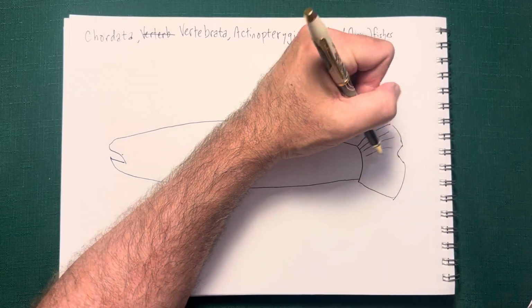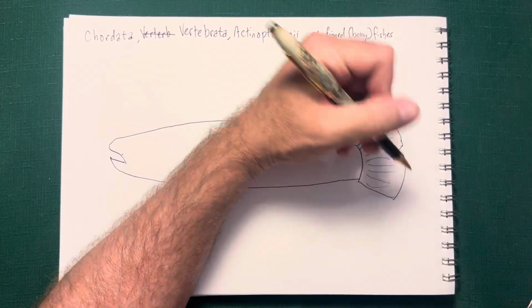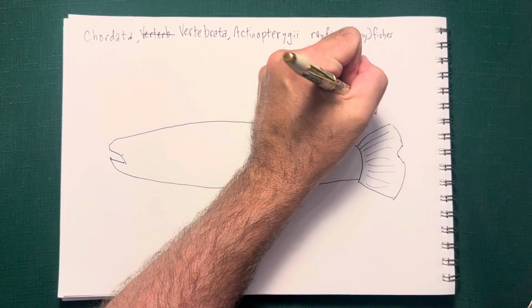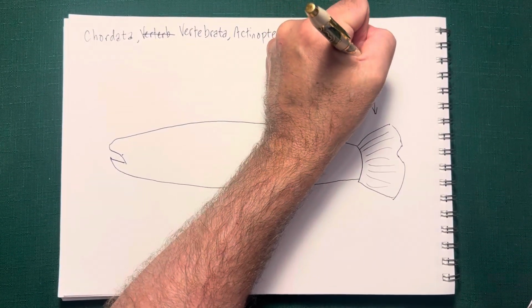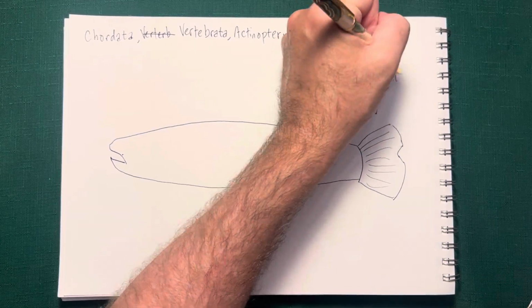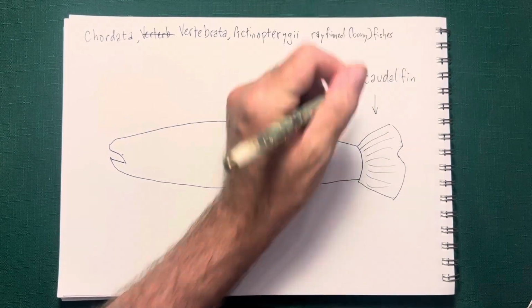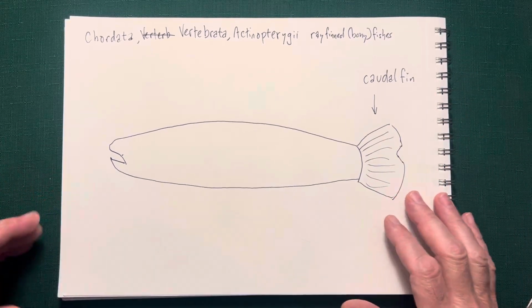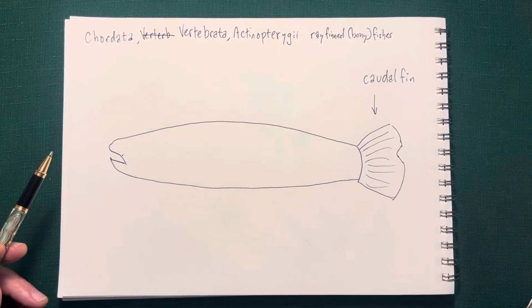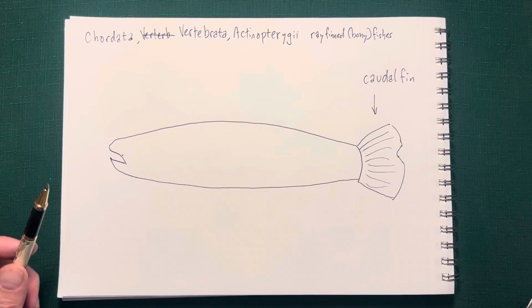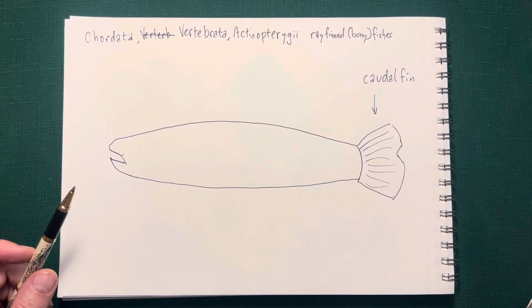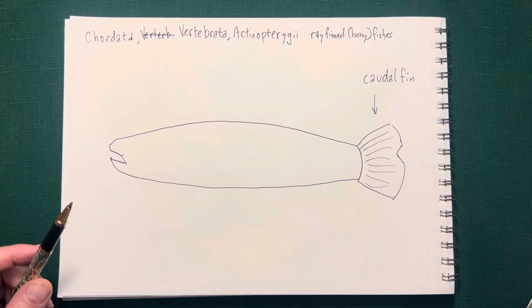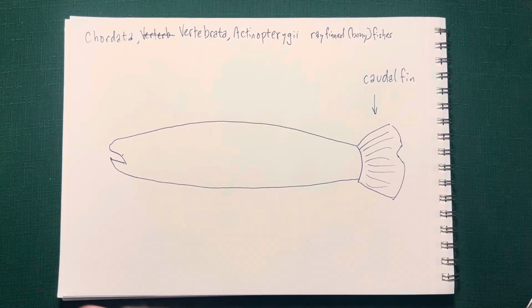The tail fin, also known as the caudal fin. Now, we saw previously a couple times, like the Ophiuroidea, the snake tail echinoderms, and the Urochordata are the chordates that have the notochord in the tail.